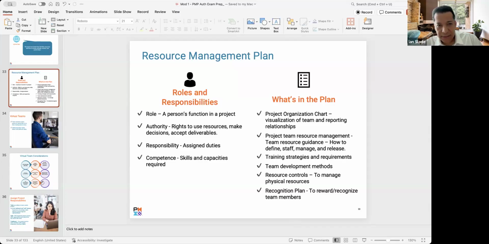I'm going to stop sharing for just a little bit. So you tell me which one I'm talking about, okay? From that slide. This gives either the project manager or the project team members the right to use resources, make decisions, or accept deliverables. Is that letter A, role, letter B, authority, letter C, responsibility, or letter D, competence? B, authority, absolutely.